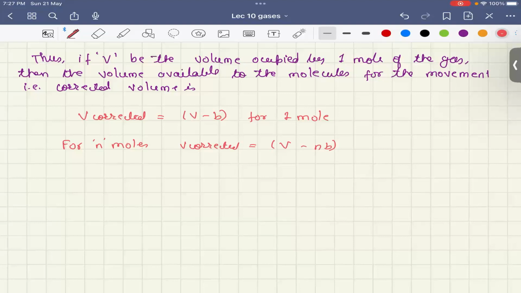This means that instead of moving in volume V, the molecules are now moving in a volume V minus nb.